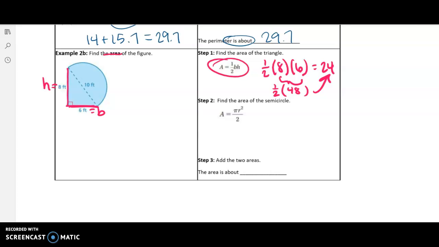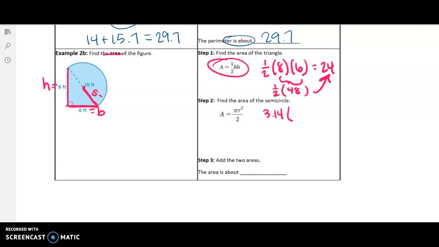And remember that the area of a circle is pi r squared. And then since it's half a circle, we divide it by 2. So we have 3.14 times our radius. Now remember, our radius is only halfway, so from the center of the circle to the outer edge of the circle.